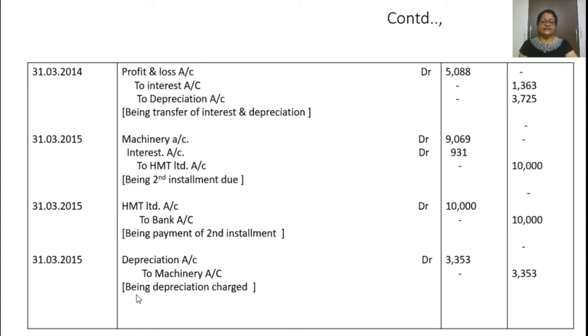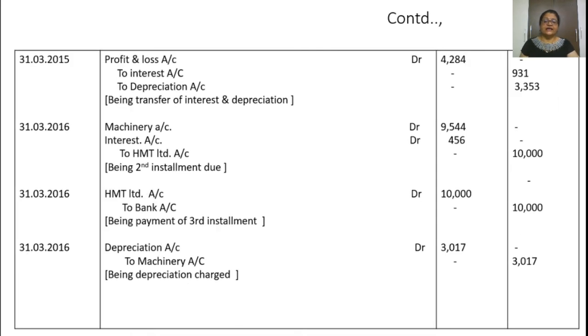Again the depreciation charge: depreciation account debit 3,353 to machinery 3,353, the second year depreciation. Then again transfer interest and depreciation to profit and loss account with the second year interest of 931 and depreciation of 3,353.